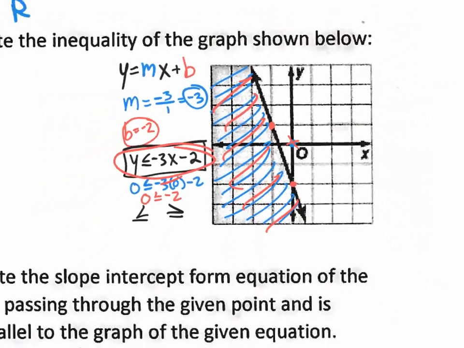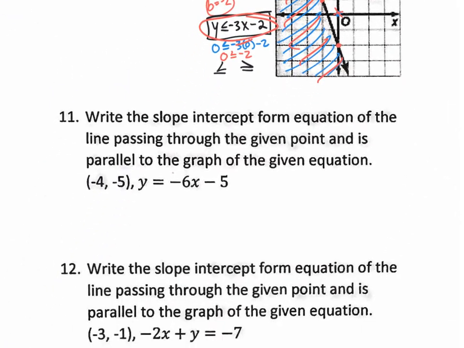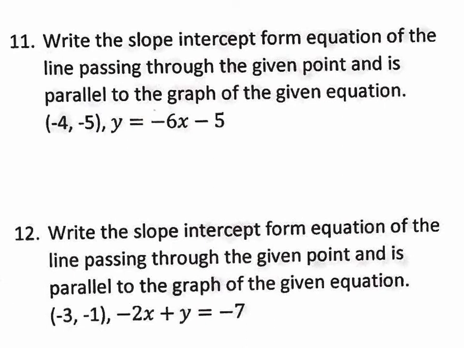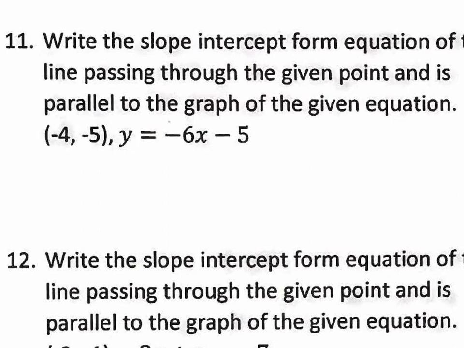Let's move on. Number 11. Write the point-slope form of the equation of the line passing through the given point and is parallel to the graph of the given equation. So they give us a coordinate. They want us to write the slope-intercept form equation. Slope-intercept form is y equals mx plus b.